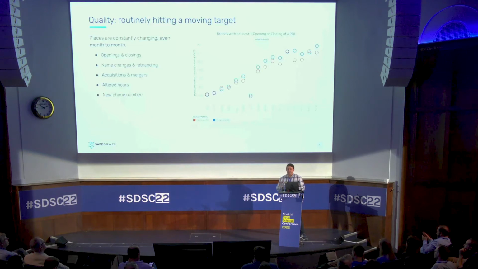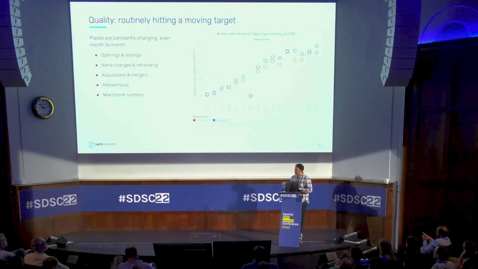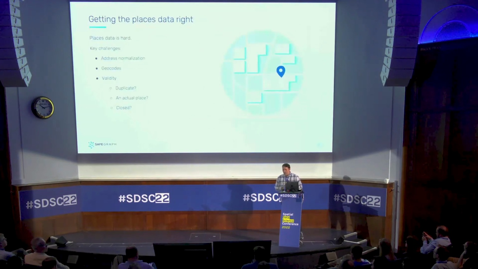We don't want to be sending people to the front doors of locations that were closed 3 hours ago. And finally, if we're helping our users reach those businesses over phone, I wish everybody kept the same phone number all the time, but that doesn't always happen. These are all the types of things that we think about when starting to build up these POI data sets, the moving targets that we have to focus on.